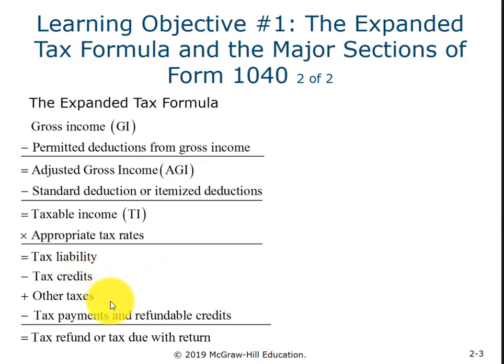All right. The rest of this looks similar to what we presented in Chapter 1. Now you know where to find the pieces of these and what schedule they would be reported on.